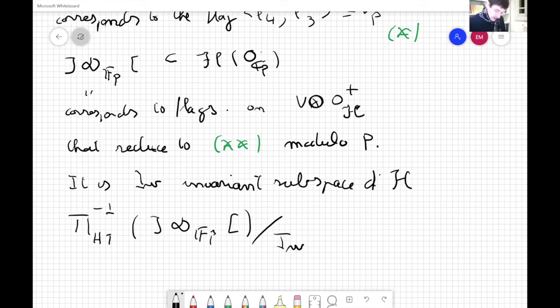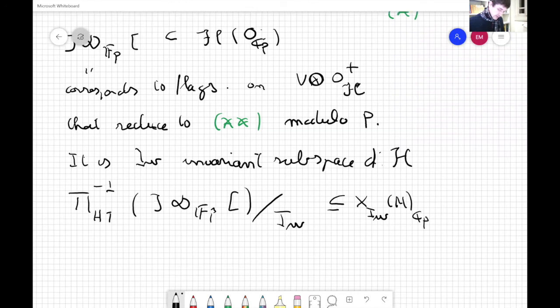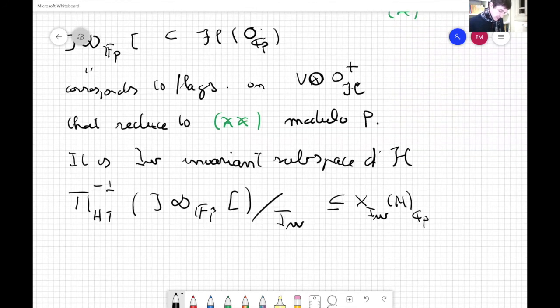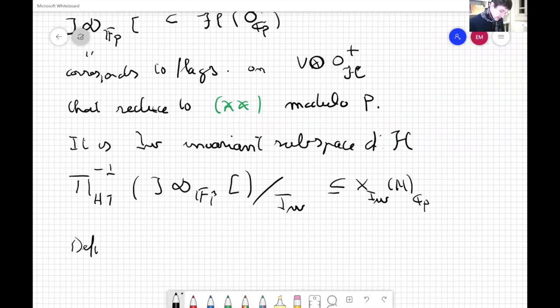So you take the quotient under the Iwahori, and that defines a certain subspace inside the Shimura variety with the Iwahori level structure over C_p, and that actually defines a neighborhood that I define to be X_Iwahori(n) less or equal to 1.